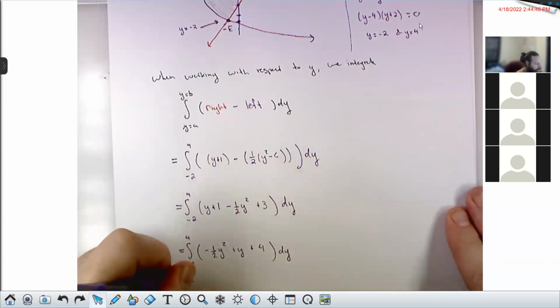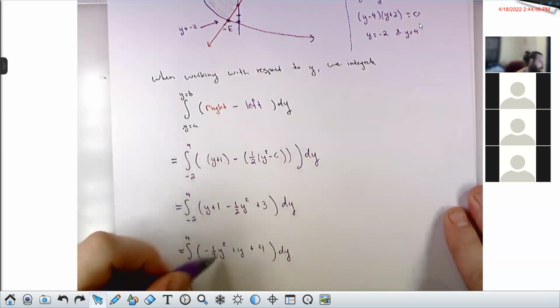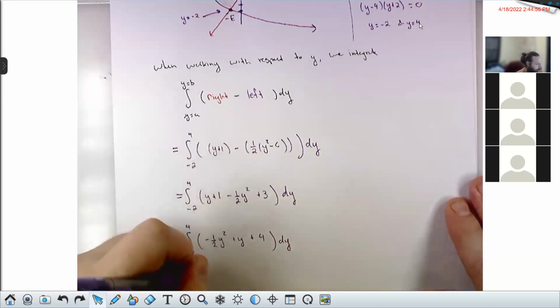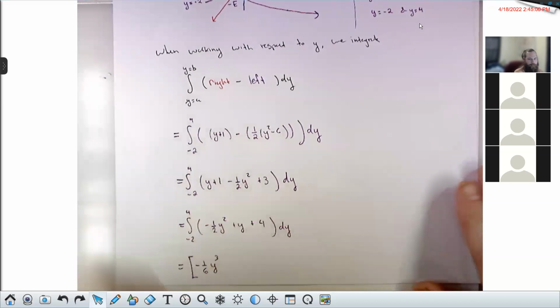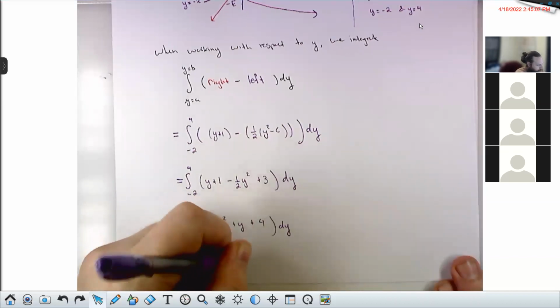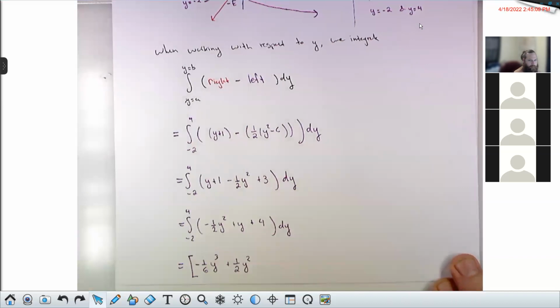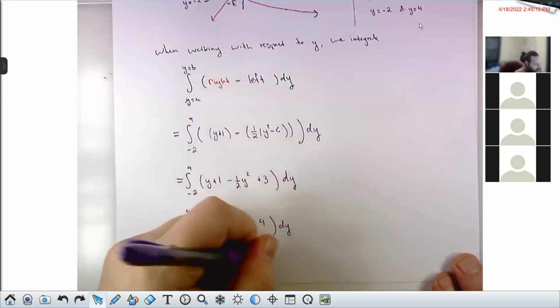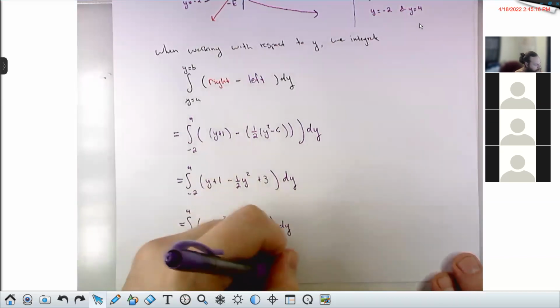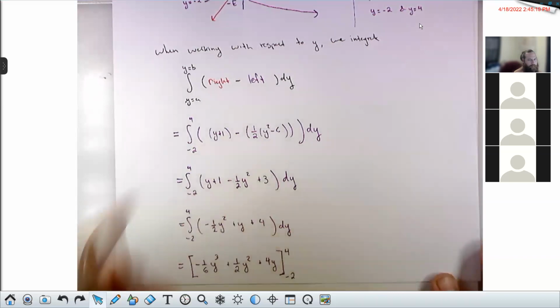And then our antiderivative: y squared would integrate to y cubed over 3, or 1/3 y cubed. -1/2 times 1/3 is -1/6. So I have -1/6 y cubed. The y term is going to integrate to 1/2 y squared. So I have plus 1/2 y squared. And the 4 will integrate to 4y. And this needs to be evaluated from -2 up to 4.